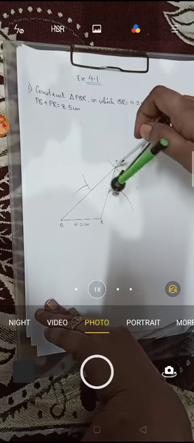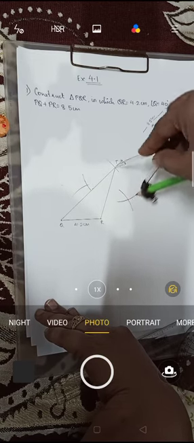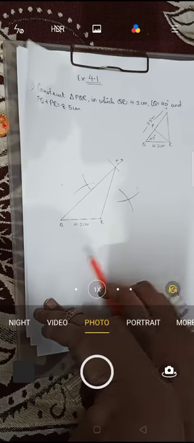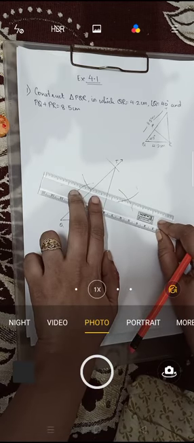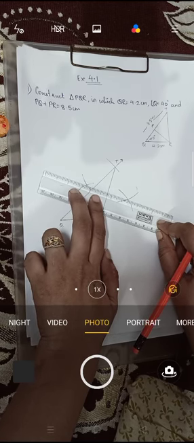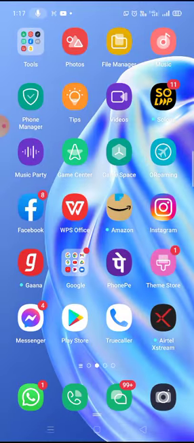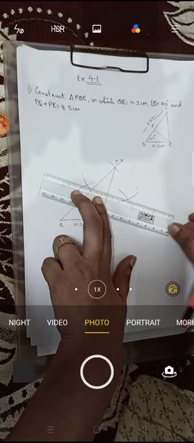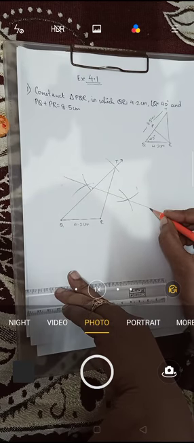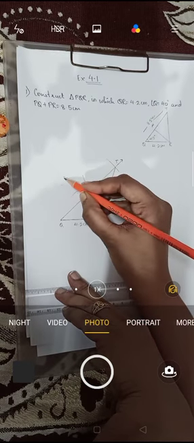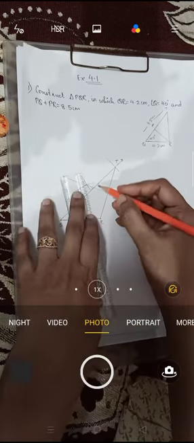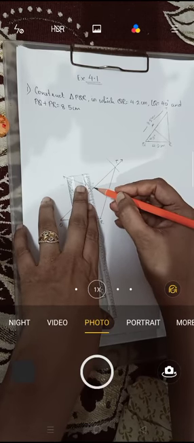Cut the arc. This line is intersecting here, so from this intersection you will draw one more line.